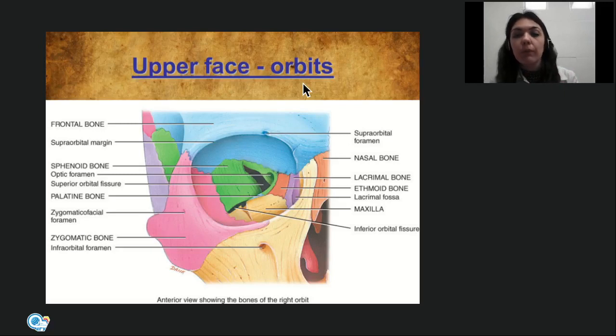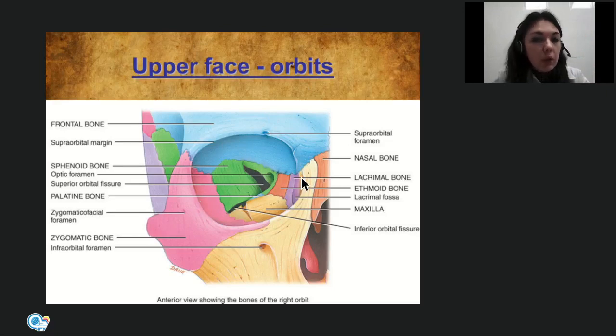The orbits have the shape of a tetrahedral pyramid, and the base of this pyramid is directed forward and laterally, and the apex of the pyramid is directed backward and medially. It has 4 walls: superior, inferior, lateral, and medial.